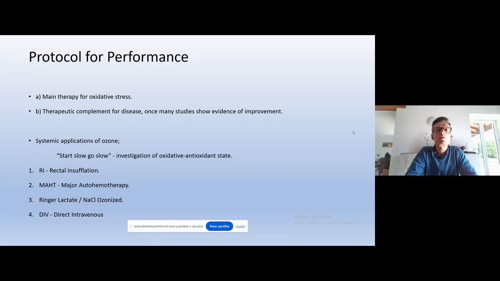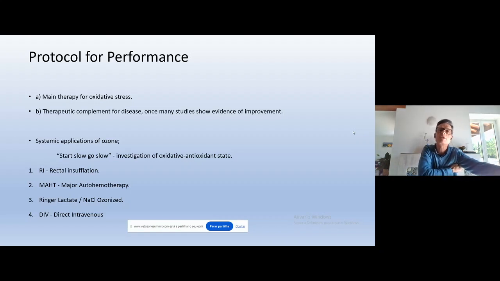The protocol for performance is by using systemic applications of ozone. These systemic applications are the main therapy for oxidative stress, but they are also a therapeutic complement for disease, as shown, for example, in the study that we saw with the tendons, where rectal insufflation is used to ameliorate the healing of the tendon.